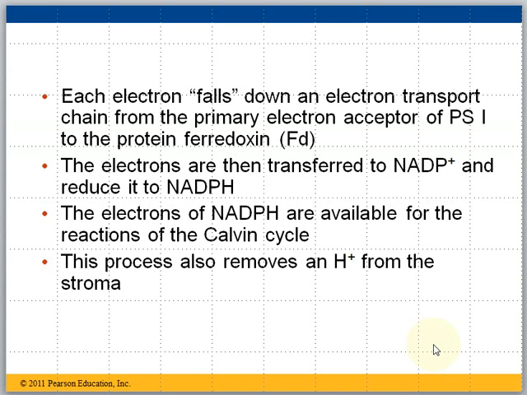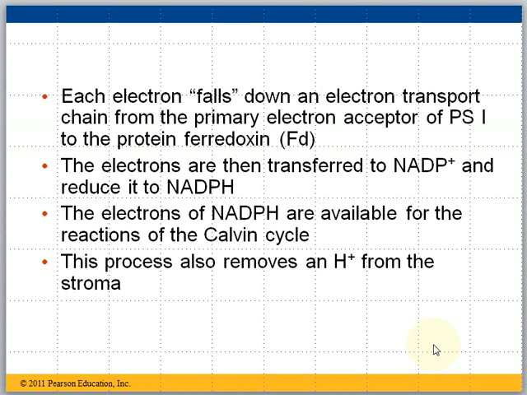So we started in photosystem 2 with water. We went through the whole photosystem 2, then down an electron transport chain, and then through all of photosystem 1, and then finally we end up at this protein called ferredoxin. Ferredoxin gives that electron to NADP+, which reduces it to NADPH, and that's pretty much the end of the process.